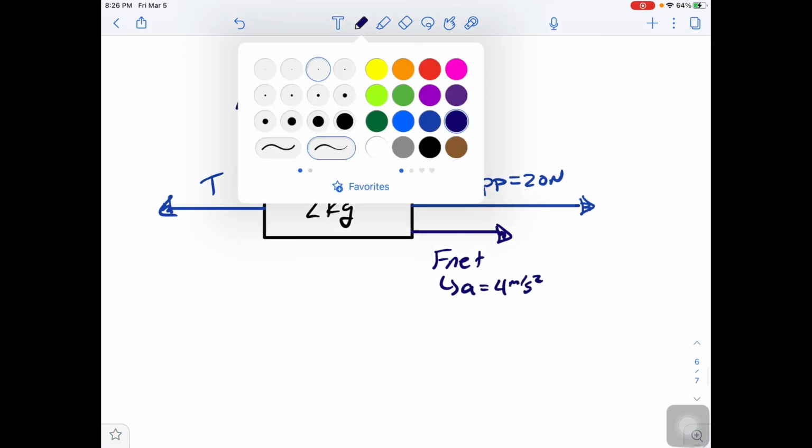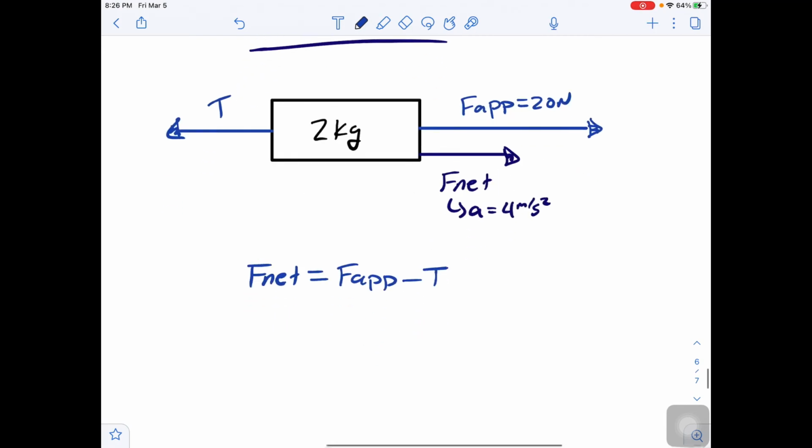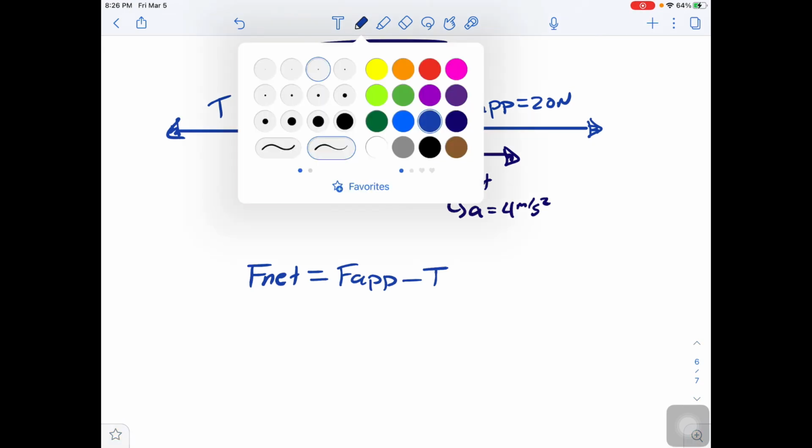So now I can create a net force equation. My net force is moving in the direction of my applied force. So my applied force is going to be positive: net force equals F applied minus tension. Now I can start solving for tension.